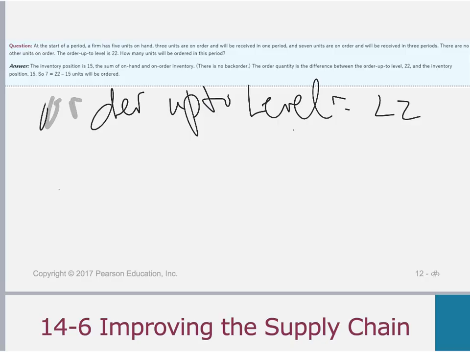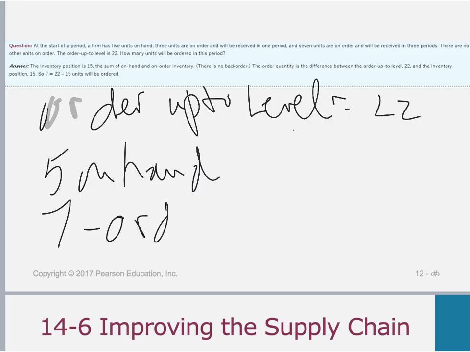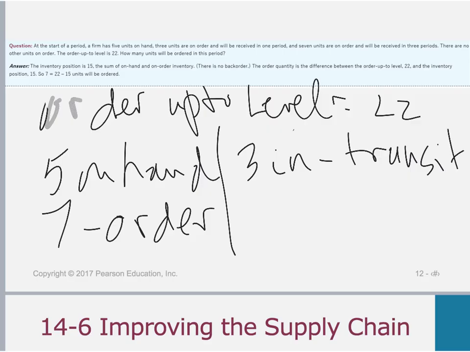If you currently have 5 pieces on hand, and demand for 7, let's order for 7, and you already have, let's say, 3 in transit, meaning already on its way to you. The question will be, how much more do you need to order?